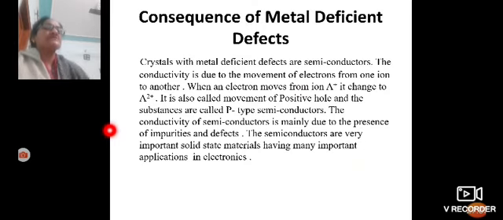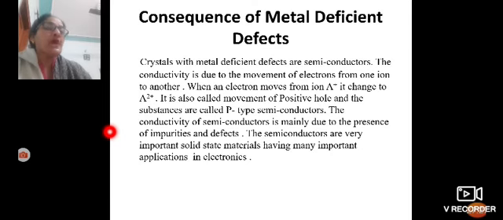These are the consequences of metal deficient defects. Crystals with metal deficient defects are called semiconductors. The conductivity is due to the movement of electrons from one ion to another. When an electron moves from A+, it changes to A2+.